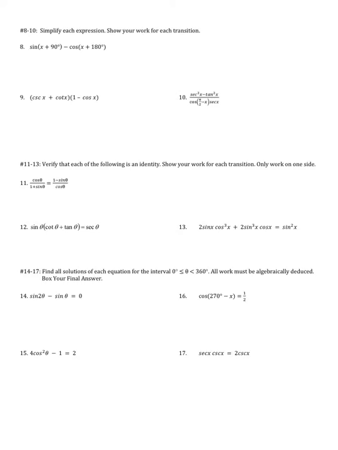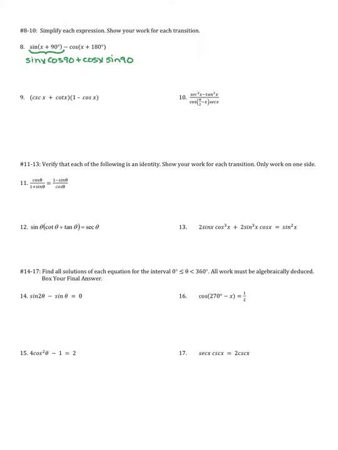All right, hello again. So we are going to expand and use our unit circle to simplify each one of these expressions. So using your sum and difference property, this is going to expand to sine x cosine 90 plus cosine x sine 90.